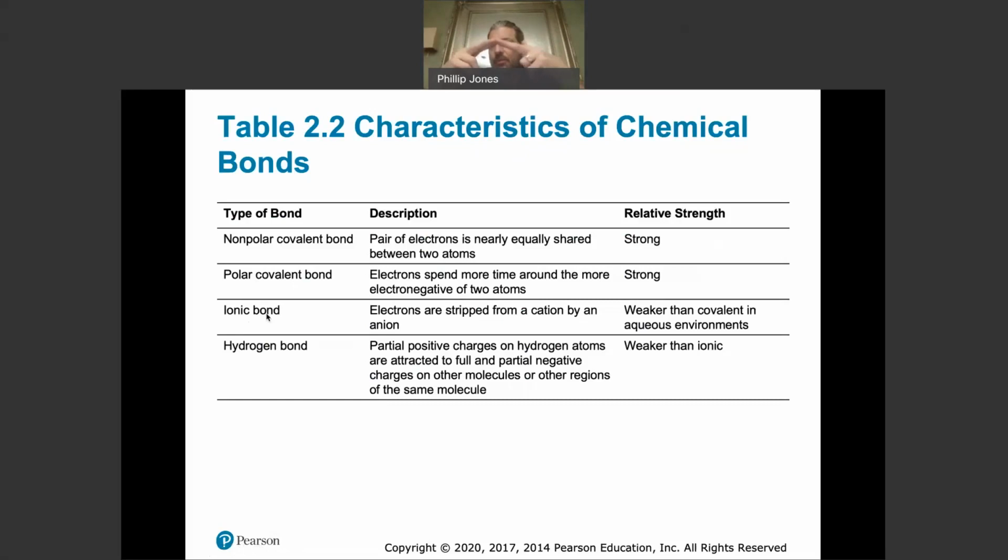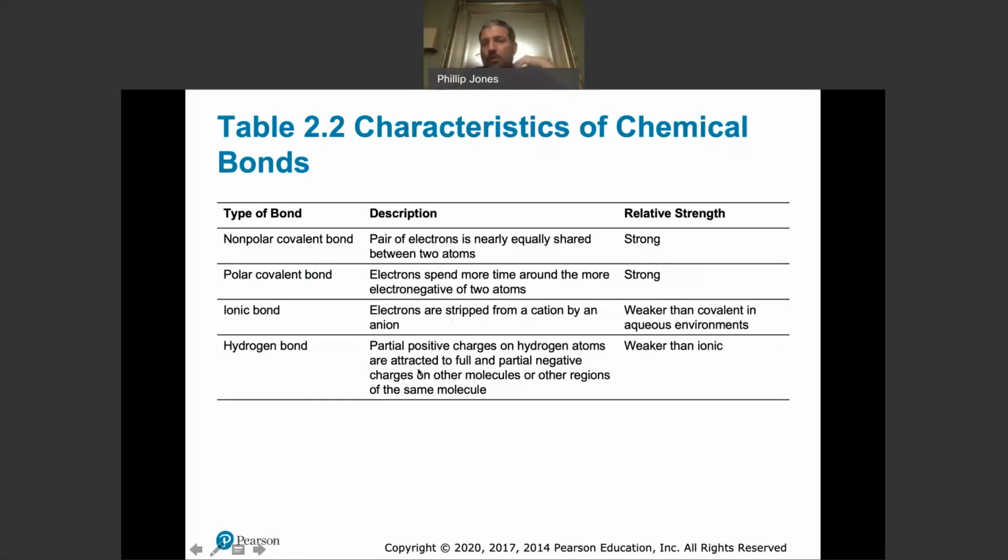Electrons are stripped from a cation by an anion. Cation is always going to have a positive charge. Anion is going to be negative charge. So we pull the electrons from the positive charge. And remember, if you lose an electron, it's oxidized, all right? And if it's reduced, all right, it gains an electron, it pulls it away, all right?